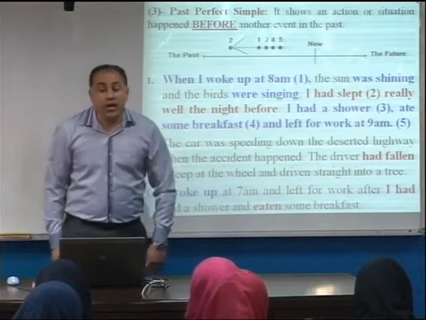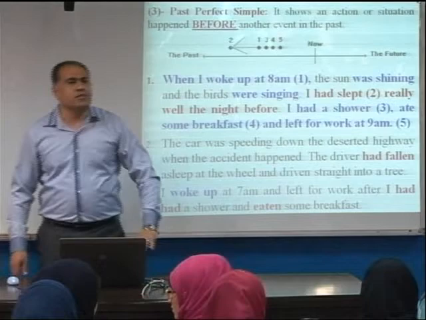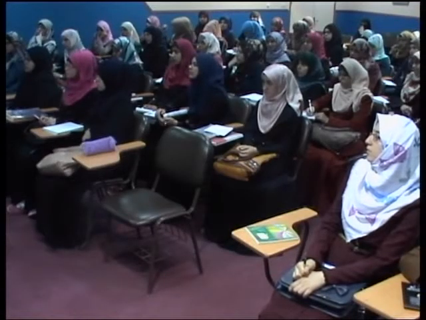Alright, now we have the third type of past tense, which is the past perfect simple. When do I use it? Of course, you studied this before. An action that happened and finished before a specific time. Very nice.